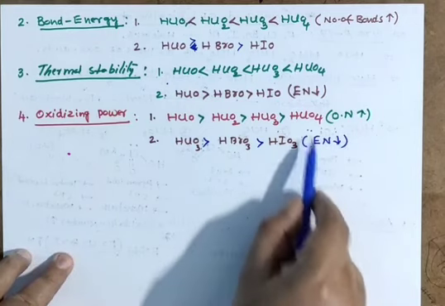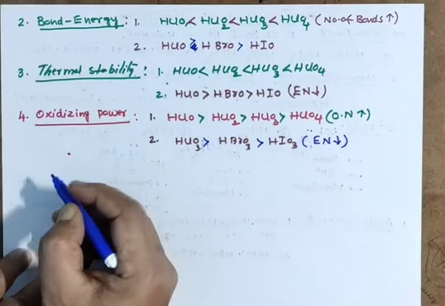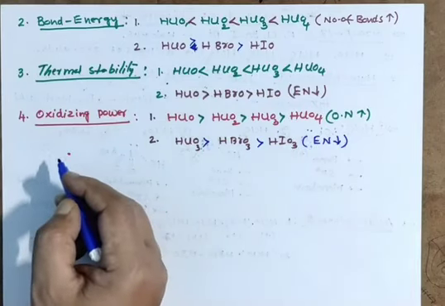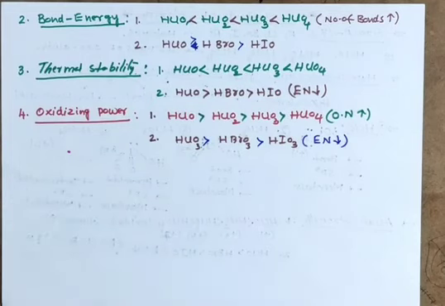This property is the same. So we have different properties: bond energy, thermal stability, oxidizing power, rate, and acidic strength of this family. Oxidation numbers you remember: +1, +3, +5, +7.